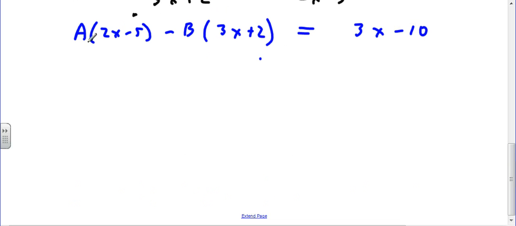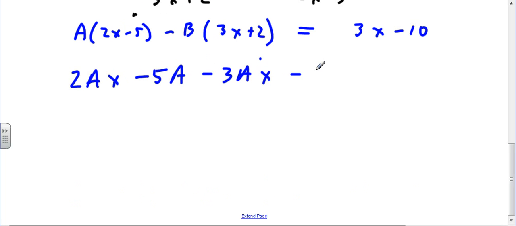So now I've got 2ax minus 5a minus 3bx minus 2b is equal to 3x minus 10.